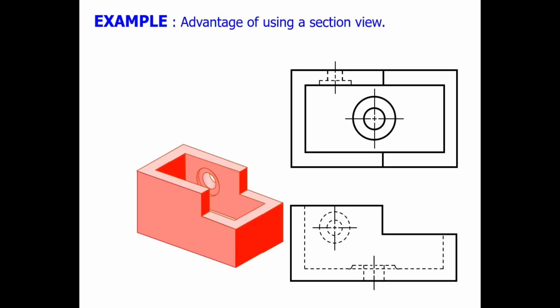Maybe some of you, when you do drawing, just do it typically like this and put dimensions to complete the drawing. Because if you look at the front view, we have hidden lines, right? Here we have hidden lines.